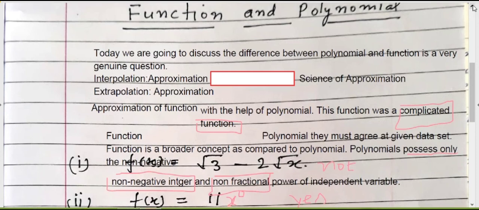These conditions are: the function which involves the independent variable, if that independent variable possesses its power in the form of non-negative integers as well as non-fractional values, then and only then the function becomes a polynomial.